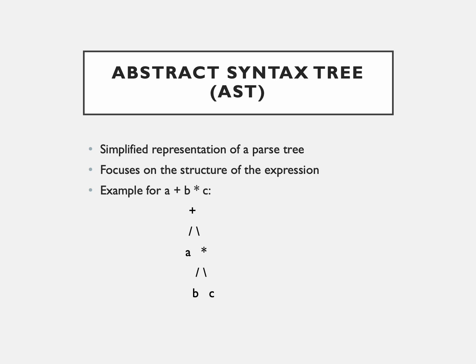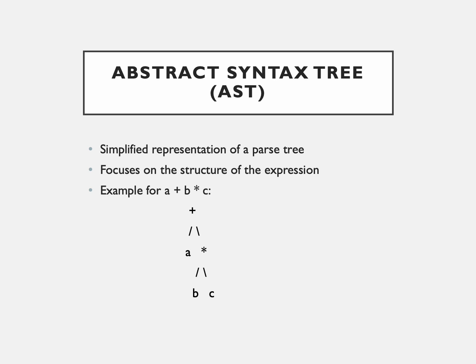So it abstracts away grammar rules, keeping only the core structure needed for further processing, and it provides a compact hierarchical representation that is easier for the compiler to analyze and manipulate.